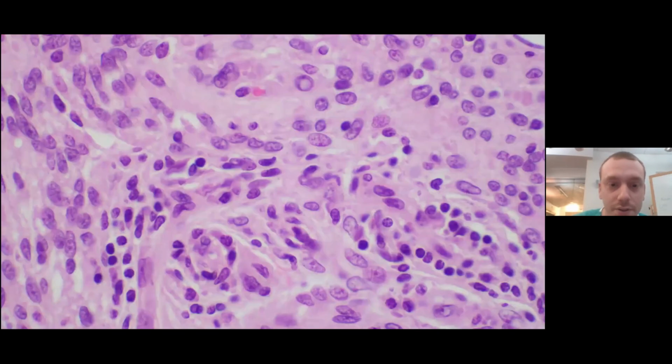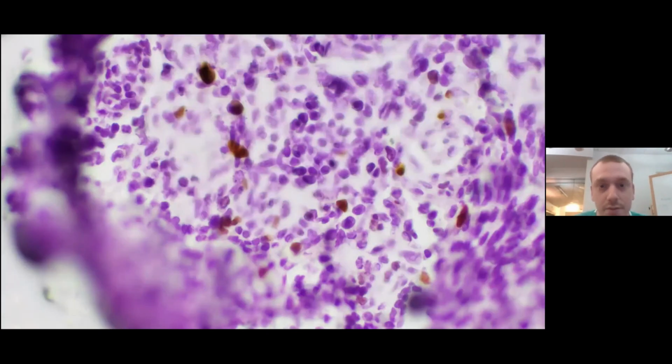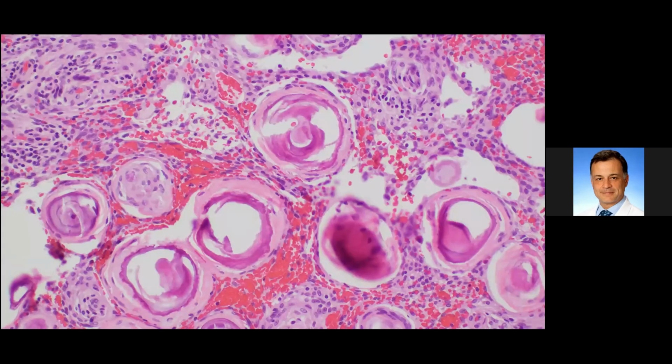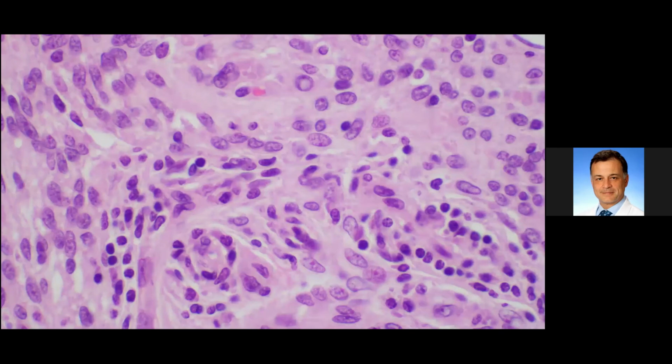Here you see a little bit more of the characteristic meningothelial whorls. If you go back to the high power view and look at the nucleus, there's sometimes haloing that you see in a number of those. I think they're called pseudonuclear haloing or something like that. That can be characteristic of meningioma.